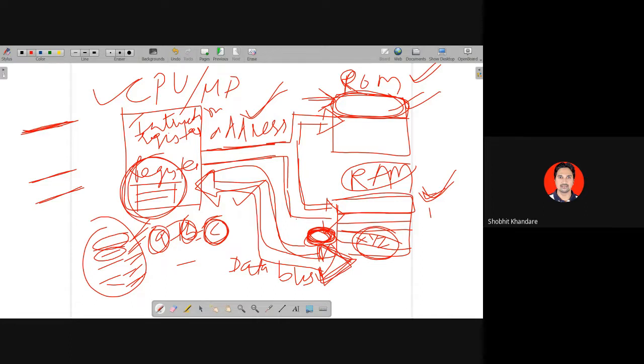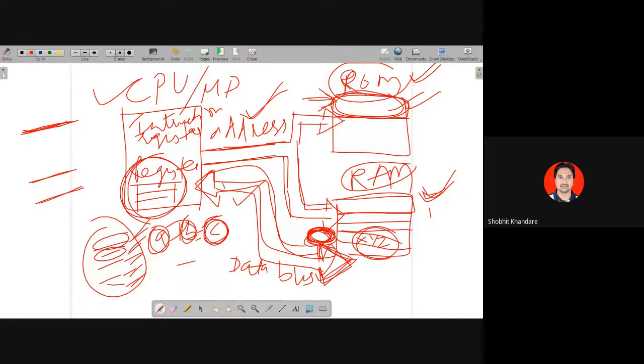For ROM it is also the same, but if we look at the direction from ROM towards the CPU, we can never write anything in ROM, because ROM stands for read only memory. We can only read the memory, we cannot write the memory. As far as RAM is concerned, it is readable, we can read as well as we can write.